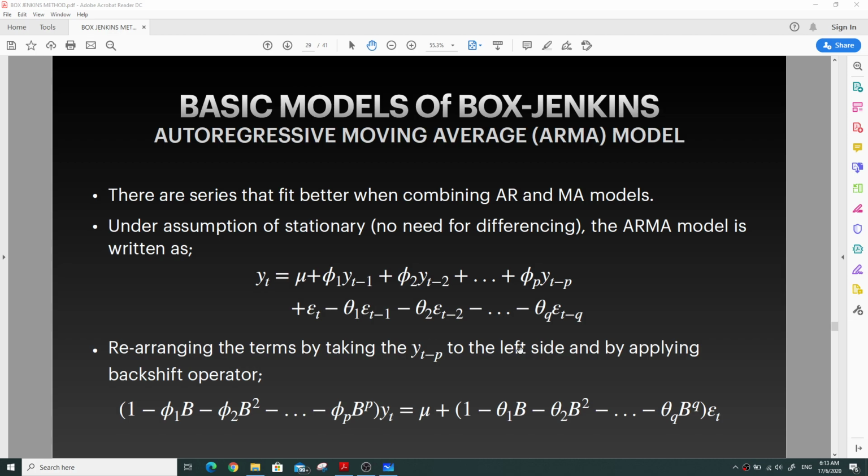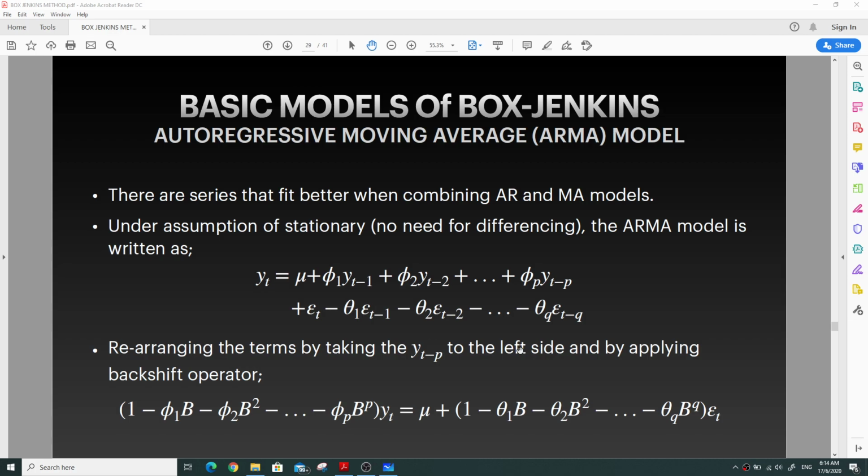By combining these two models, AR and MA, we know it as the ARMA model. Under ARMA models, the series is still stationary. We do not need to perform any differencing operation to make sure that our series is stationary.